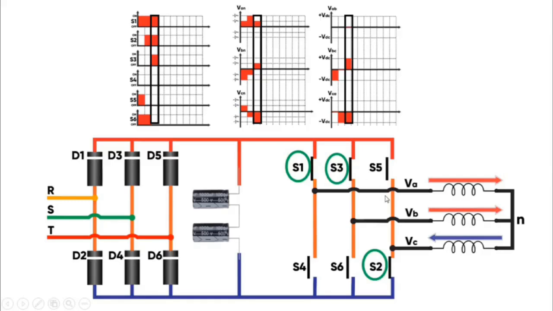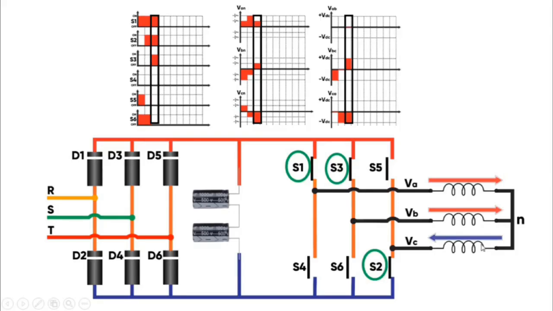And when switch S1 is closed for us and S2 is also closed, here a potential difference is created, and the value of this potential difference is 1/3 of our DC voltage. In this case as well, similarly, when switches S3 and S2 are closed, a potential difference is created across these 2 points, and our VBN value becomes 1/3 of our DC voltage.